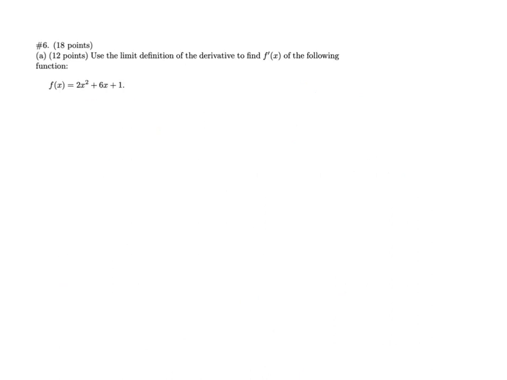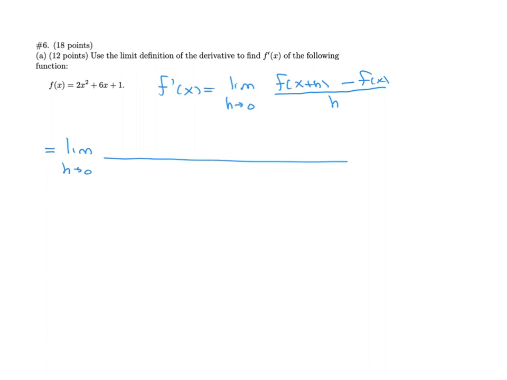To find f prime of x, I'm going to use the limit as h goes to 0 of f of x plus h minus f of x, all over h. This is the limit as h goes to 0 of, okay, first I have to put an x plus h into all of the x's.